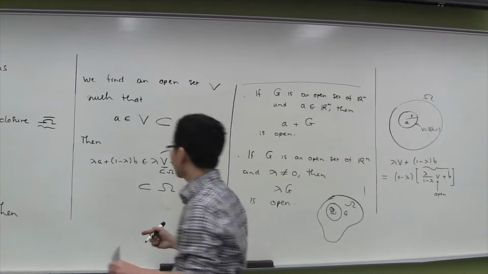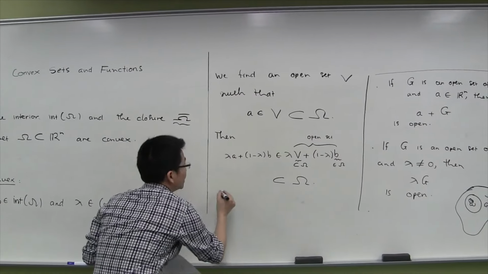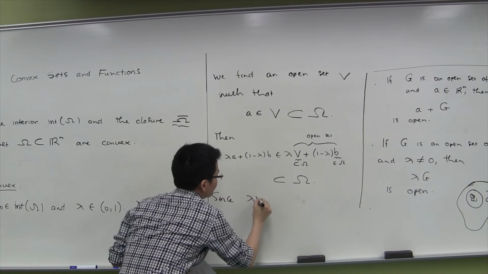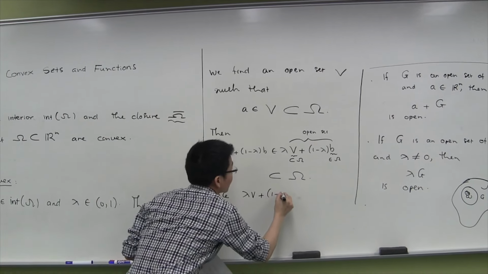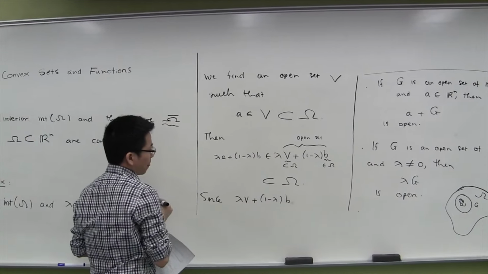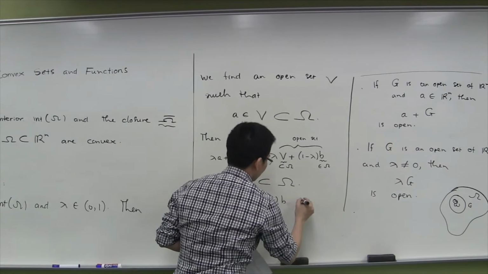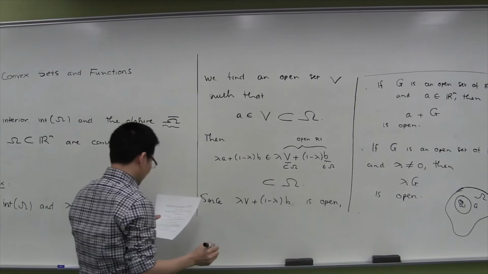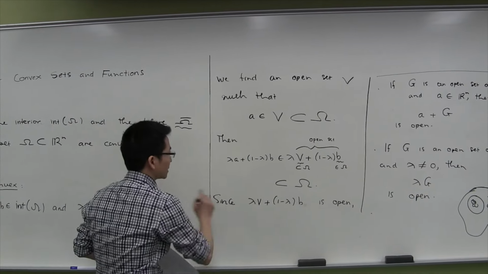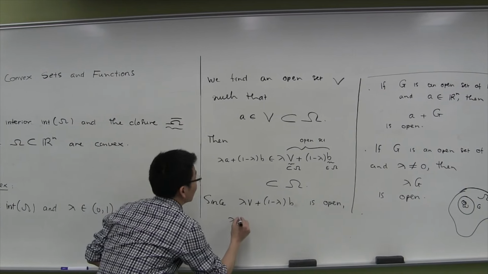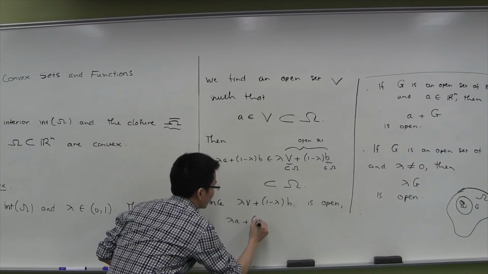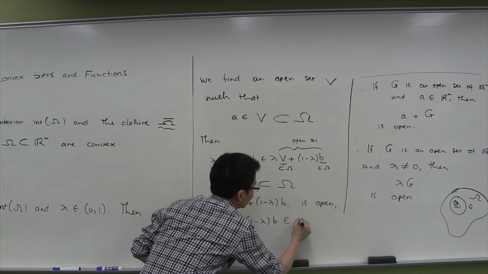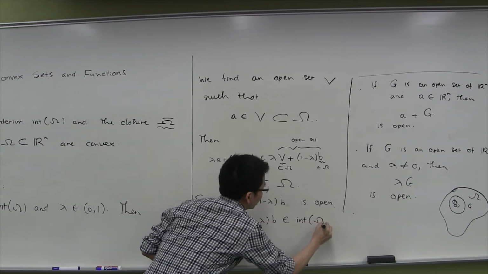Okay, so I can say since lambda V plus 1 minus lambda B is open, we see that lambda A plus 1 minus lambda B belongs to the interior of omega.